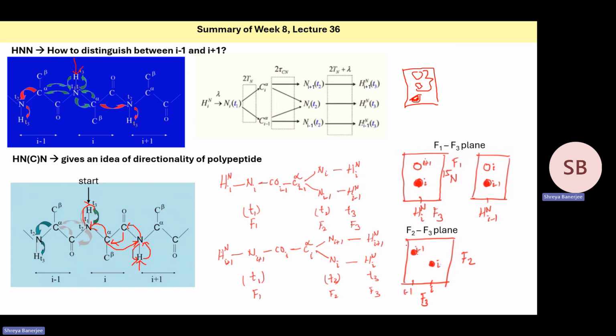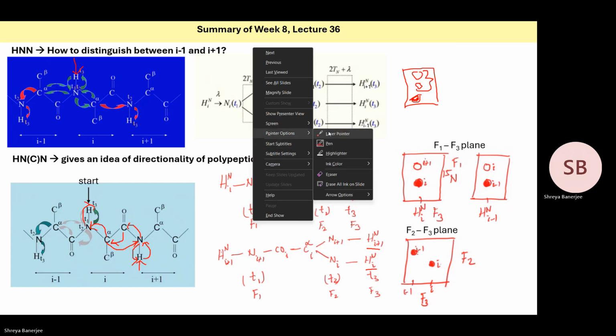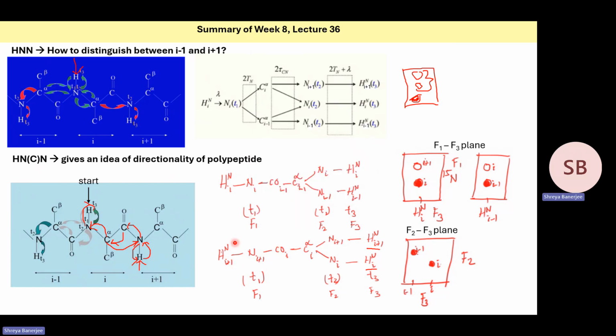So ultimately, you are detecting the amide hydrogen of I and the amide hydrogen of I plus 1. So depending on which residue you are starting from, you will be able to detect the same residue, which is the self peak, and the previous residue, that is the cross peak or sequential peak.